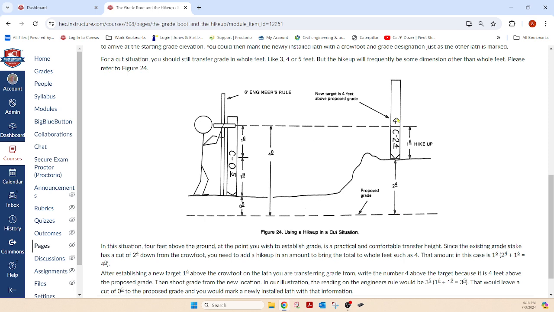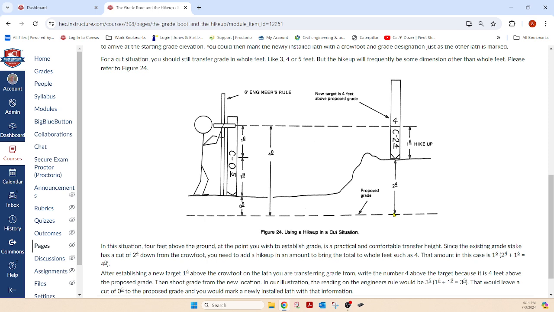So 4 foot minus 2.4 feet is what? 4 minus 2.4 equals 1.6. 1 6/10. I'm having a hard time doing what I'm telling you to do. 1 6/10. So I measure up from here where the crow's foot is 1 6/10. I make that line, and that's going to make this line 4 feet above this proposed grade.